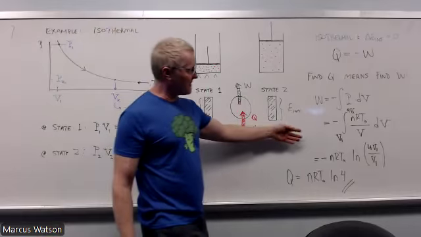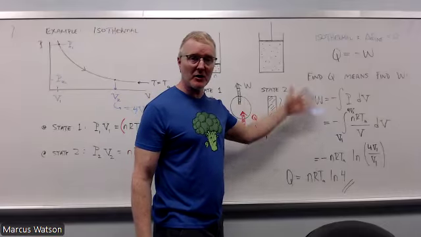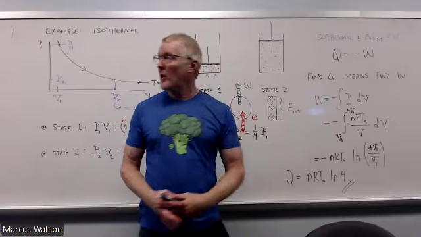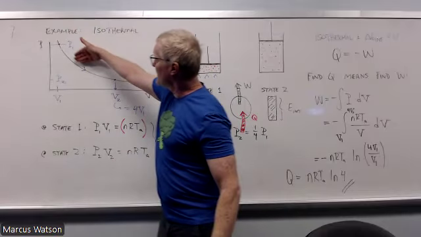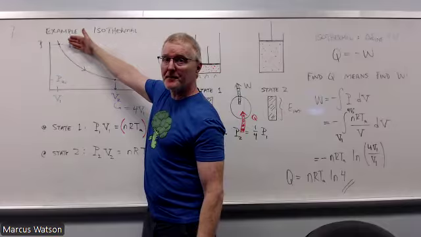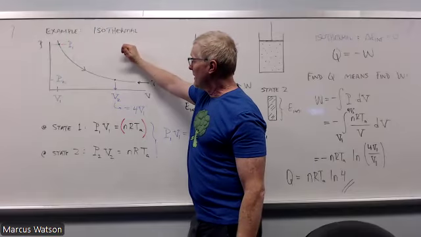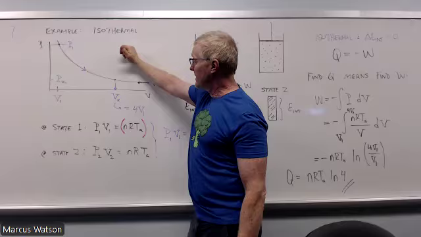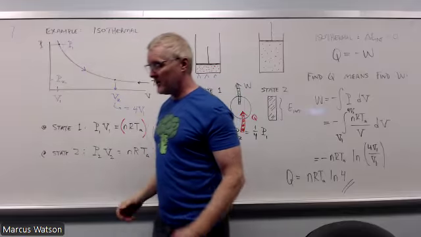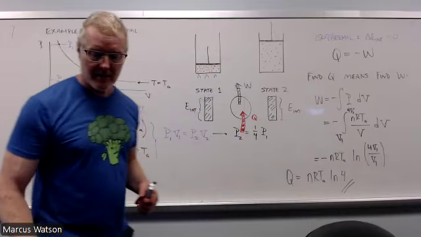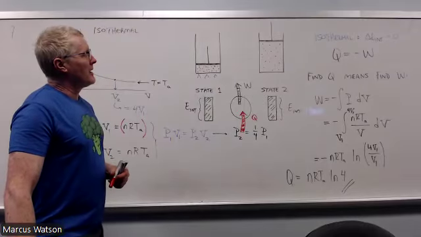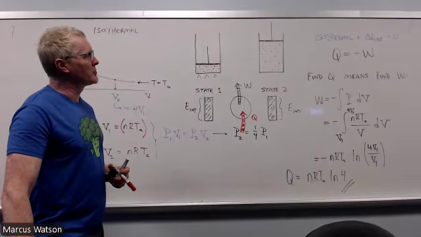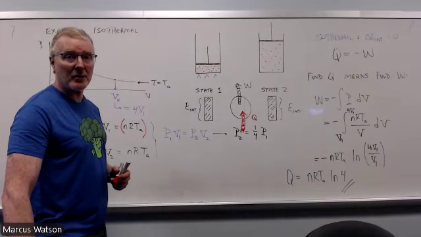This is kind of the idea for isothermal work. It's going to look like this whenever you are sliding down one of these curves right here. All right. Good. So in that case, what we've got here is the ability now to talk a little bit about the adiabatic process.